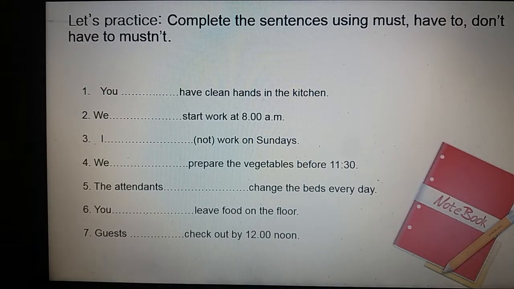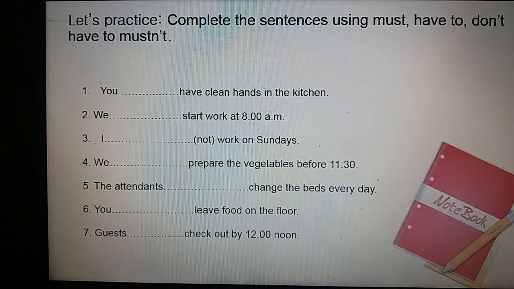All right, so you can find this practice on page 41 of your book. That would be activity number 3. It says complete the sentences using must, have to, don't have to, or mustn't. Look at the sentences very carefully and try to identify which of them refer to an obligation.